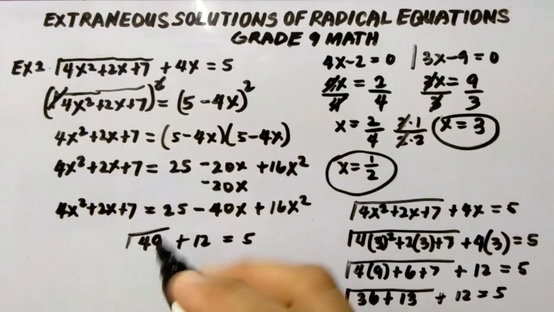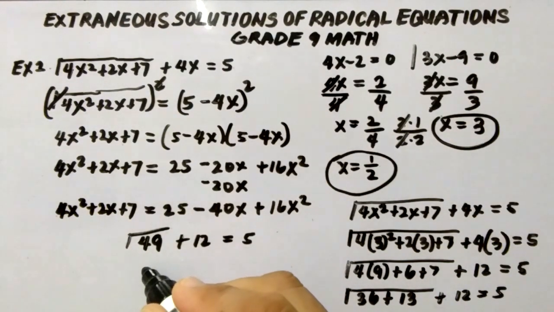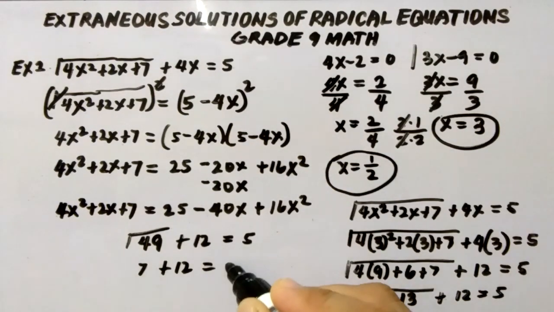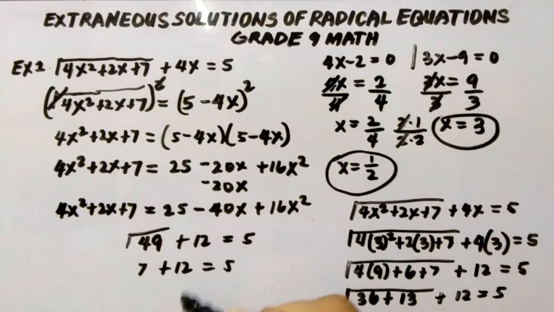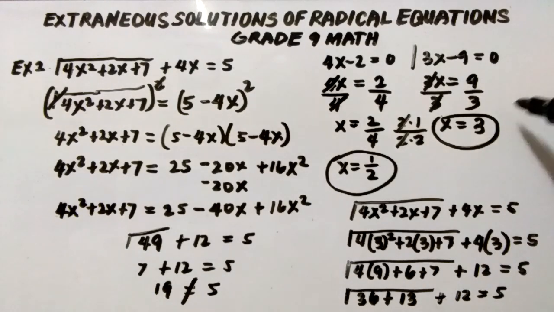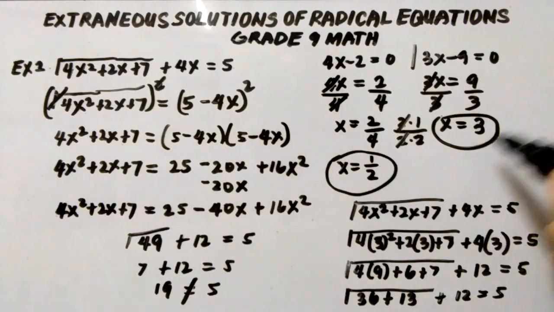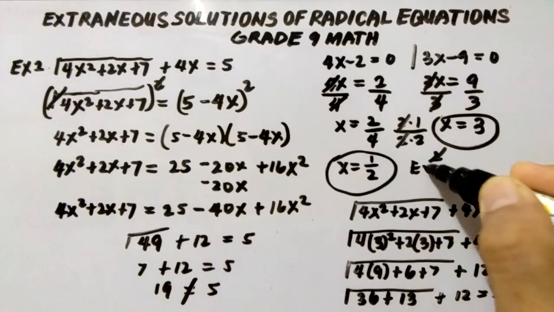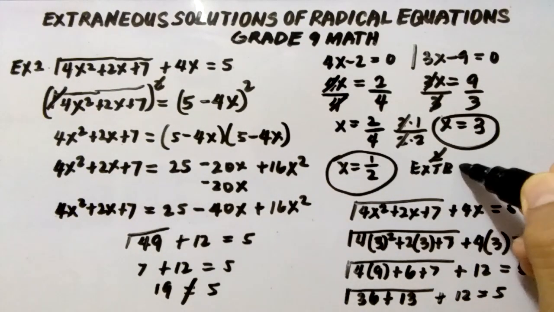Then square root of 49, that is 7 plus 12 is equals to 5. So 7 plus 12, that is 19 is equals to 5. Okay, so hindi po siya nag-equal. Okay, so therefore, x is equals to 3 is an extraneous solution.